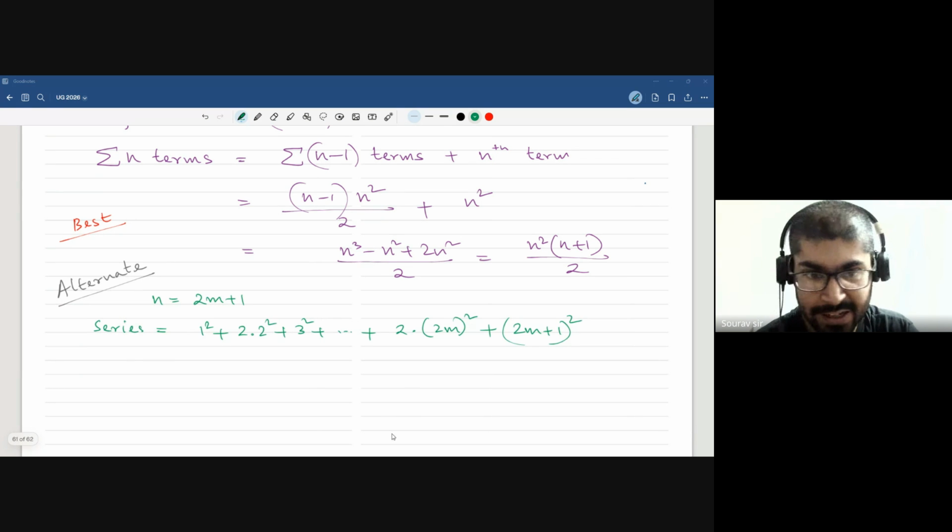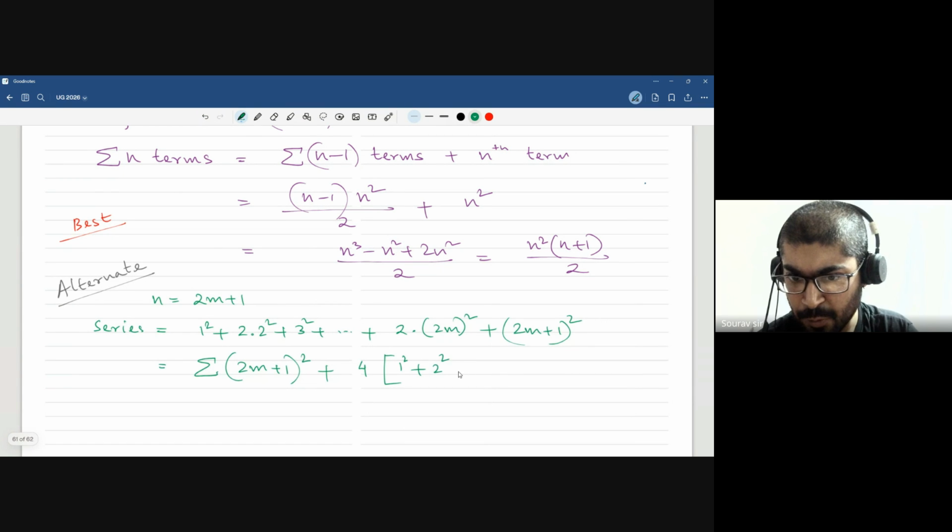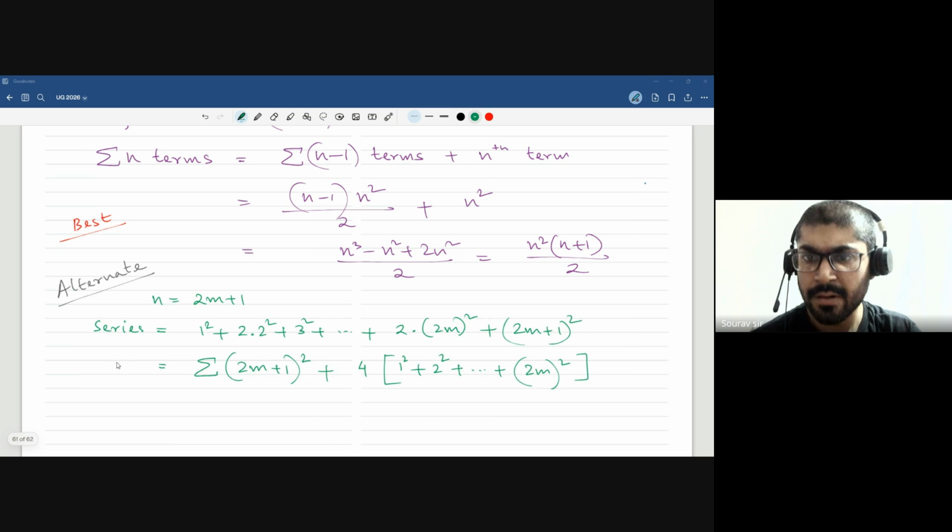So this is basically sigma of 2m plus 1 whole square plus 4 into 1 square plus 2 square plus dot dot dot plus 2m whole square, no, plus m square.